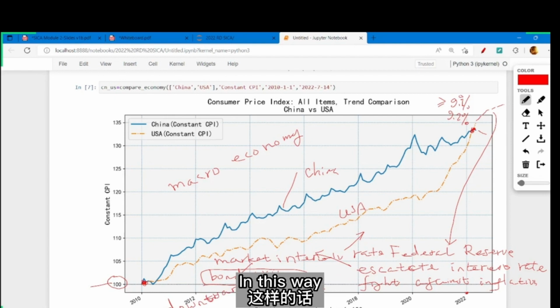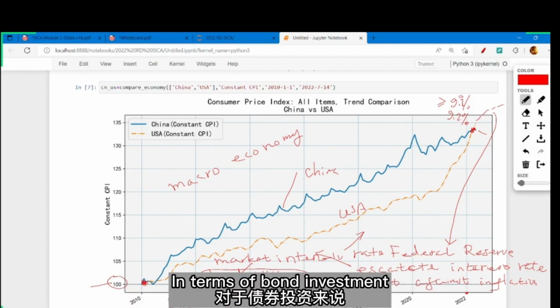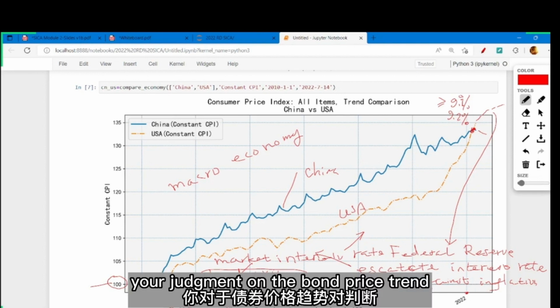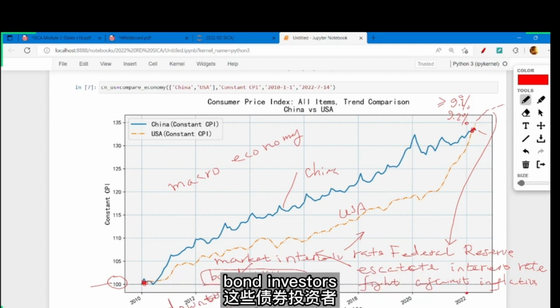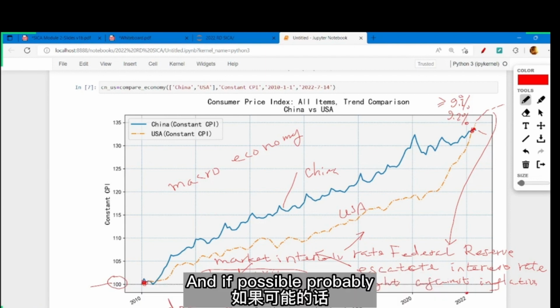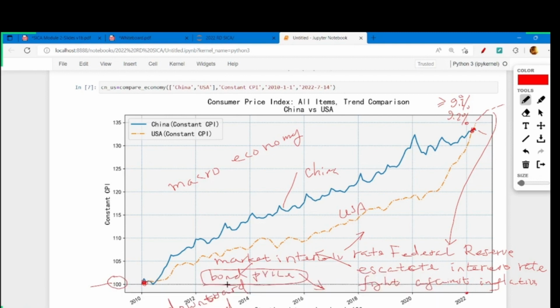In this way, what are your advices to your customers in terms of bond investment? You will tell your judgment on the bond price trend to your customers, bond investors, and tell them be very careful to buy bonds. And if possible, probably it's a good time to sell the bonds you have.